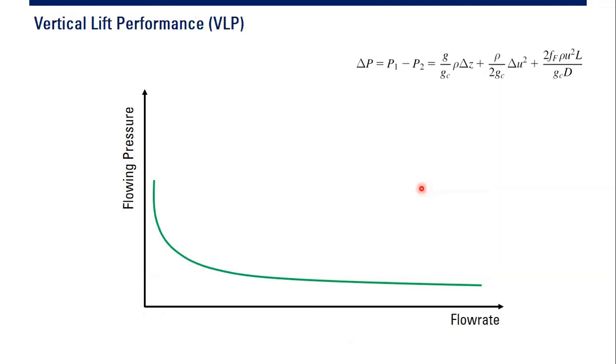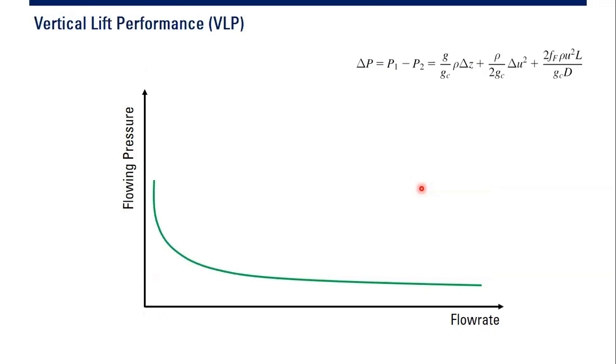Now we go to the final curve that will represent the performance of the well. We call the curve the vertical lift performance. Previously, the curve that shows the performance of the reservoir is called the inflow performance relationship, or IPR.